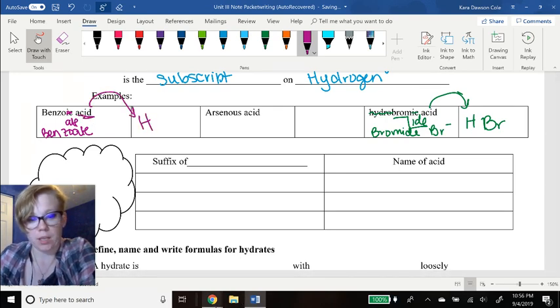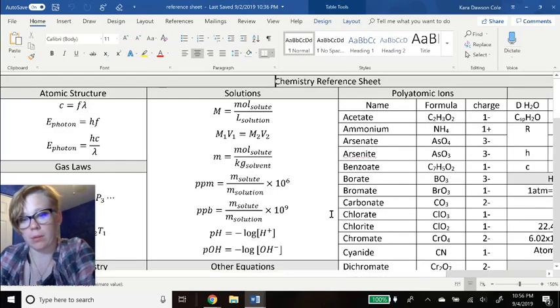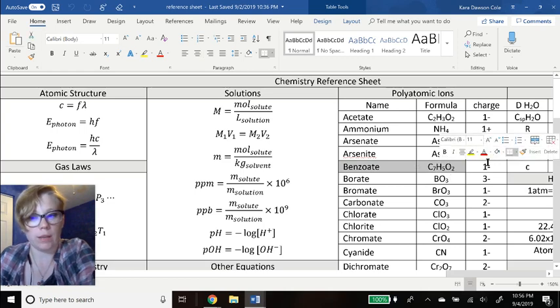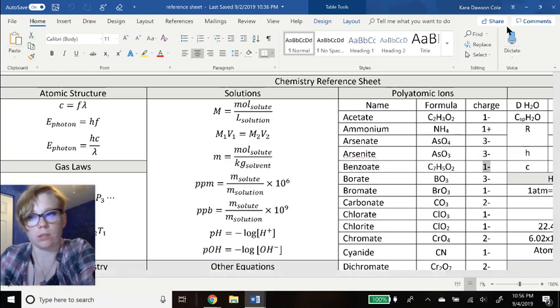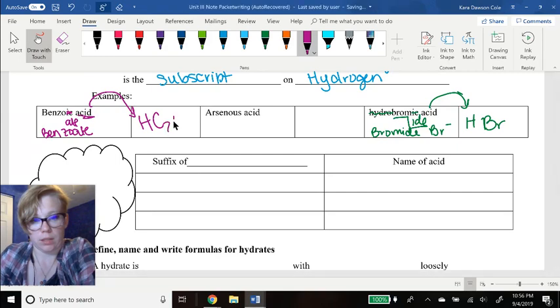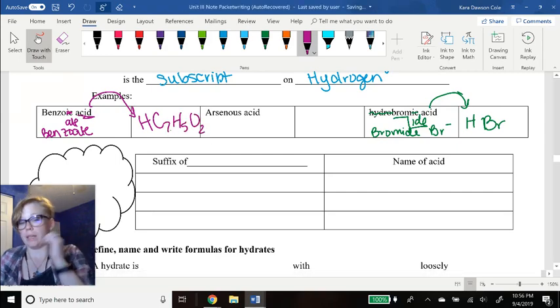So I go to my periodic table and look for benzoate, C7H5O2, and it's got a -1 charge. That means I have one hydrogen atom, so C7H5O2 with hydrogen is benzoic acid.